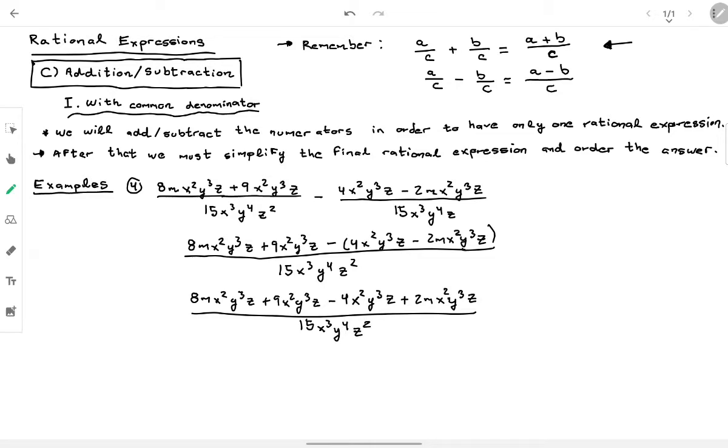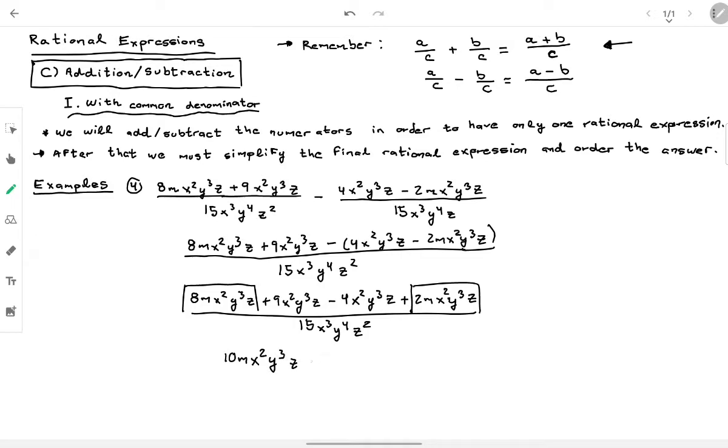So we need to look for like terms in order to get added or subtracted. So it's going to be this term with this term. So it's going to be 8 times 2. It's going to be 10mx squared y to the third c.